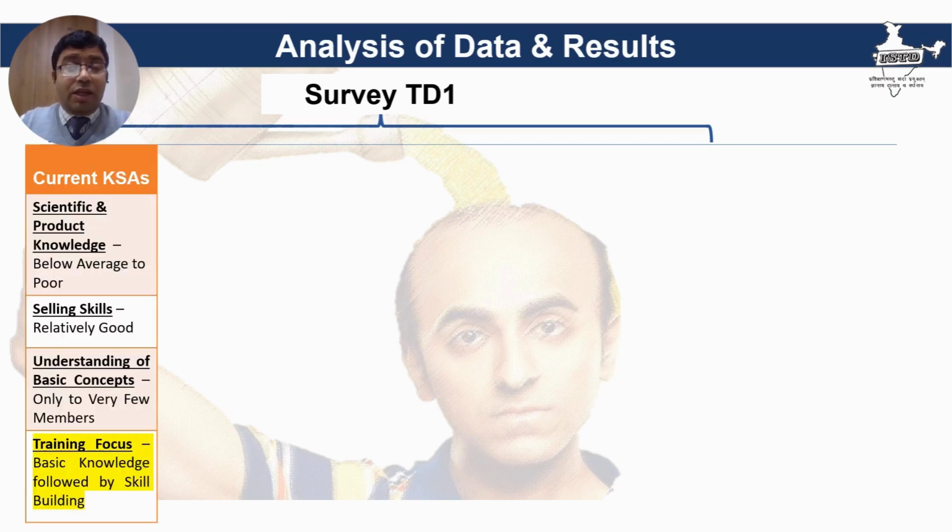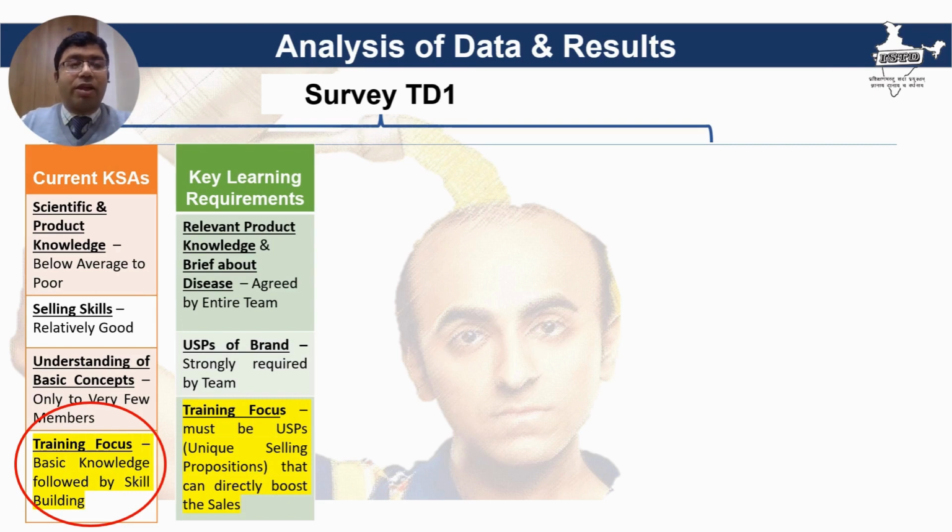First one was current KSAs, knowledge, skills, and attitudes of our frontline staff, where their superiors had an opinion that the majority of people had below average to poor scientific knowledge, and only very few had understanding of basic concepts. So on the basis of that, the training focus we finalized should be basic knowledge followed by skill building, because some of them had relatively good selling skills also.